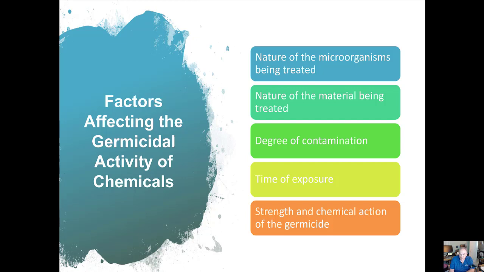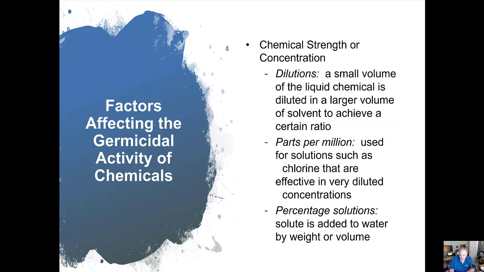Factors affecting germicidal activity: the nature of the organism, of course, its composition, and the nature of the material being treated. In other words, if there's bioactivity and it takes up the active site, it would decrease its functionality. Also the degree of contamination, time of exposure, and the strength and chemical action of the germicide itself.